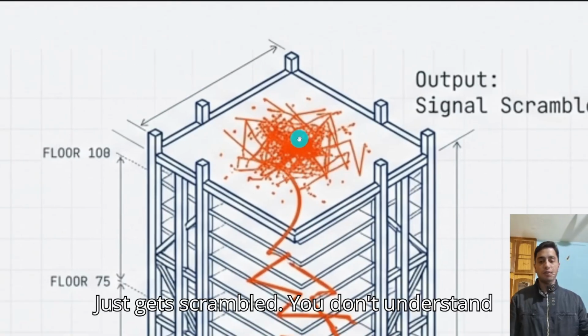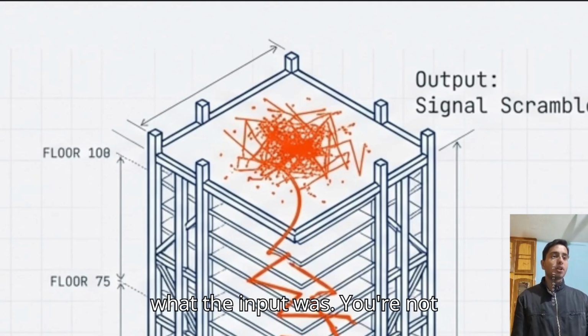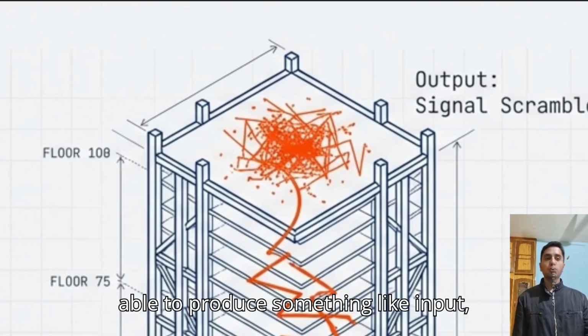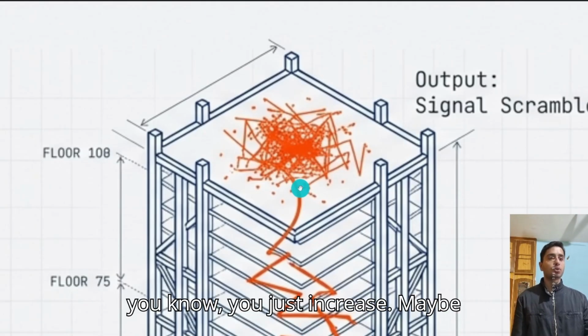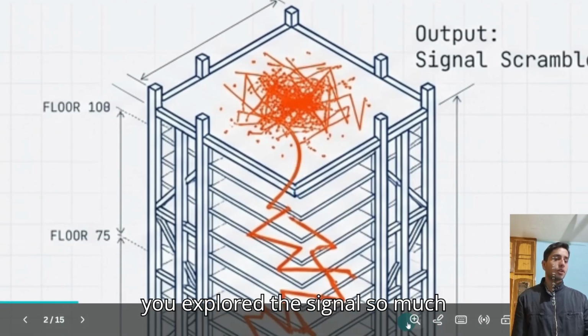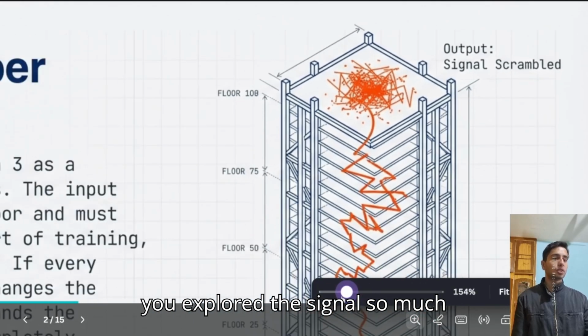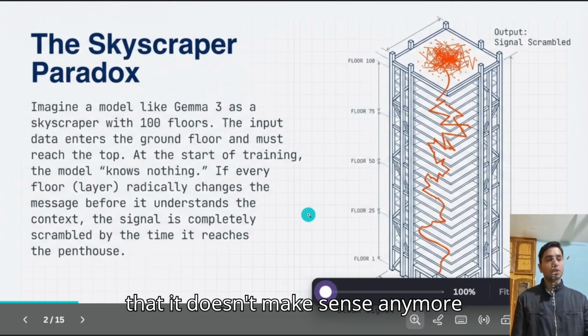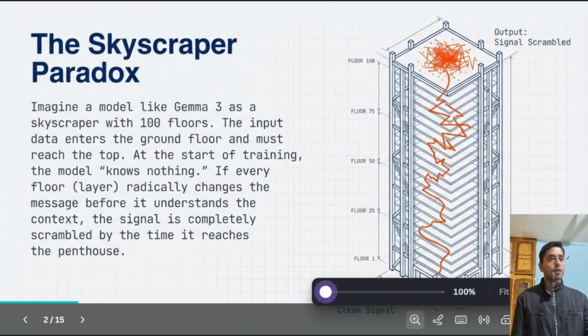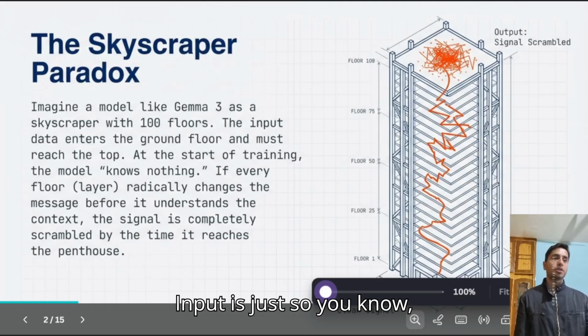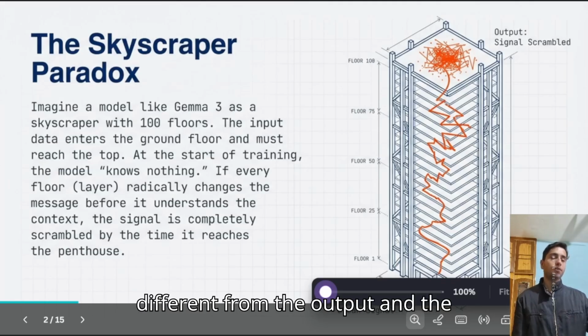You don't understand what the input was. You're not able to produce something like the input. Maybe you explode the signal so much that it doesn't make sense anymore. Your input is just so different from the output, and the output is just nonsense.